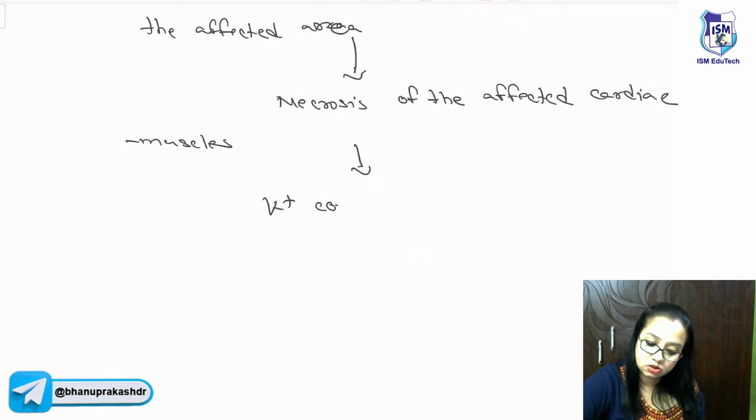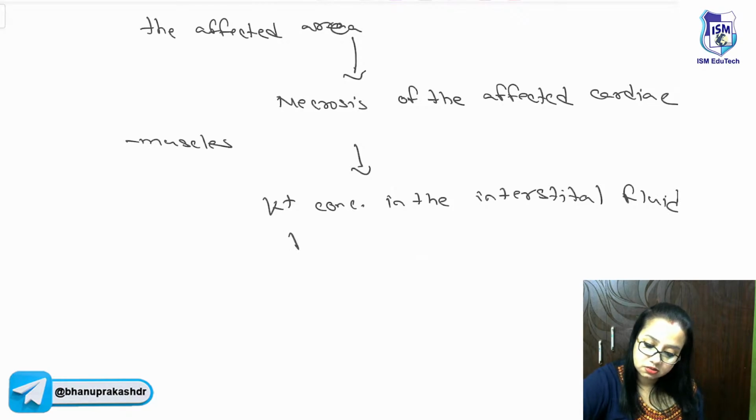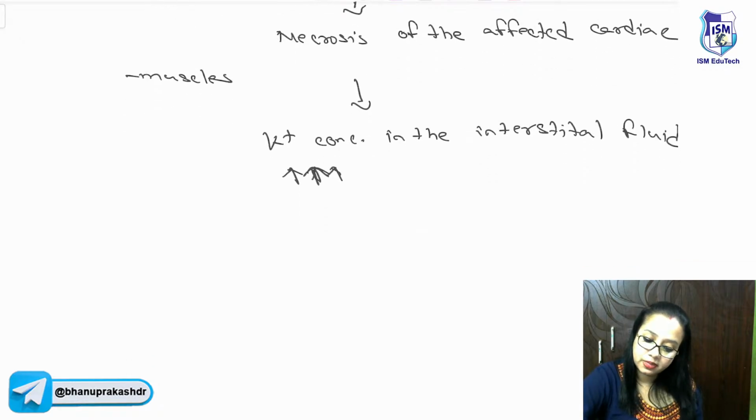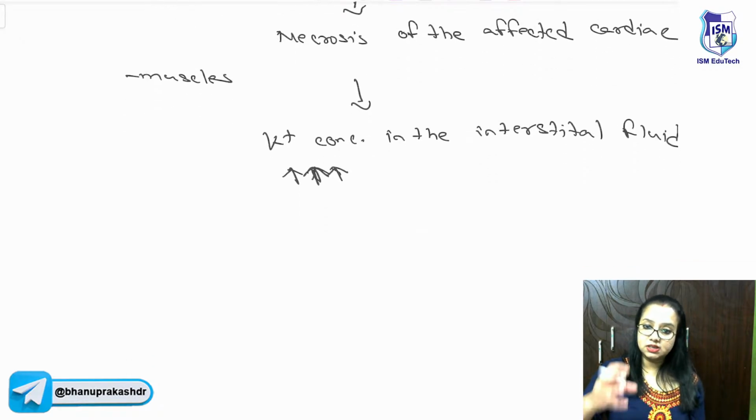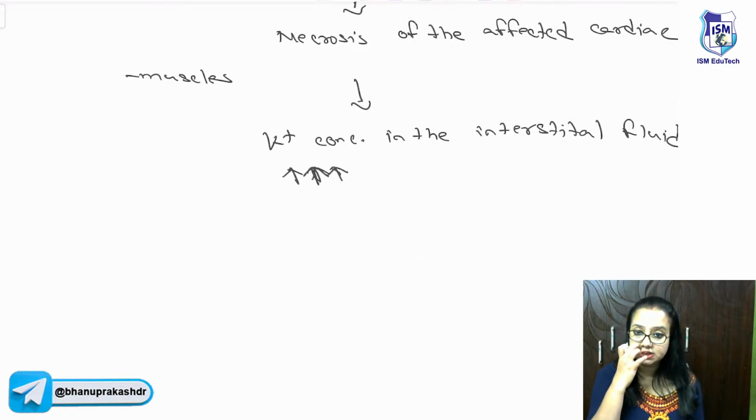The potassium concentration in the interstitial fluid will increase. So when the interstitial fluid has more potassium, that means from inside of the cell, because it is dead, the potassium has jumped out to the area near the dead area, which is not dead, and has accumulated in the interstitial space. So now there is less of this negative charge inside the affected area, right?